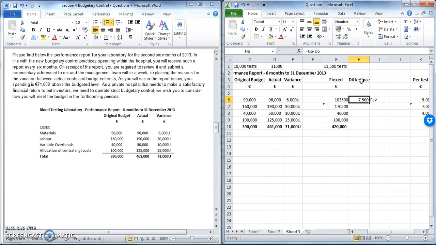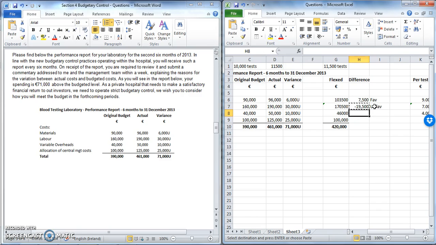Remember, it's a cost, so it's less than expected. Same for the next one, labour. Labour you expect to be only 170,500 based on 90,000 of a fixed element and €7 per test. However, when you compare it to actual, you are about €20,000 over budget. So we'll call that unfavourable.